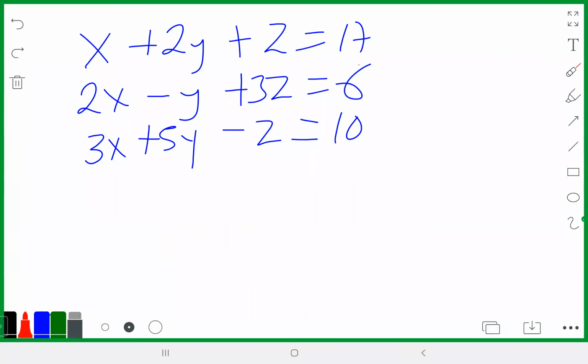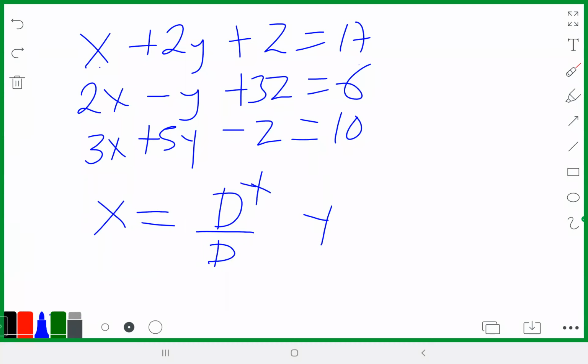How do you solve a system of equations like this using Cramer's rule? To find the value of x, x shall be equal to the determinant of x divided by the general determinant. Then y shall be equal to the determinant of y divided by the general determinant.